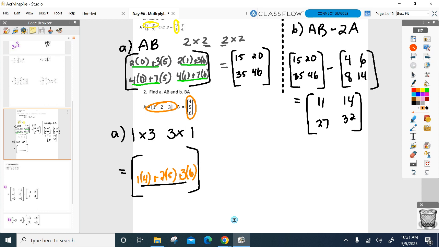And there you go. Always a row first times a column. And 32 in there.